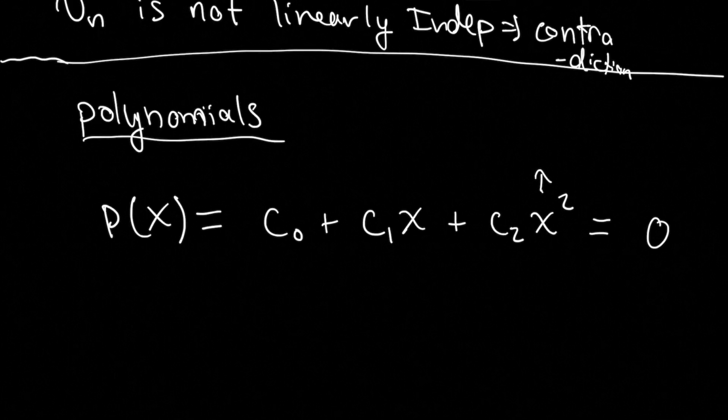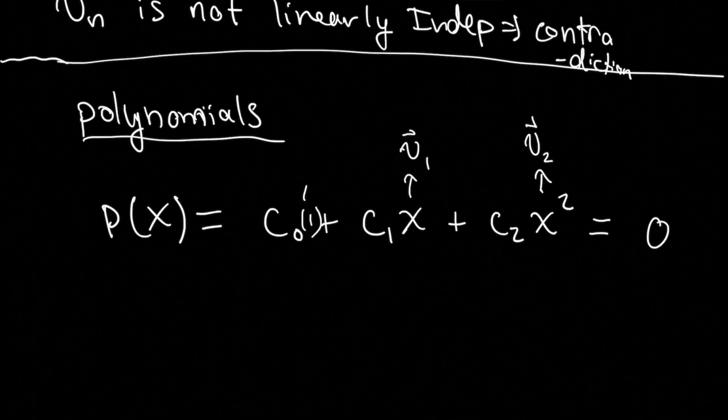Just to link it up with the other example, x squared here can be thought of as a vector v2. x can be thought of as a vector v1. And here there's a 1 hiding, which can be thought of as a vector v0. A small difference is that in the other example, I began the counting at 1, and here I'm beginning it at 0. But that is simply a syntactical difference, and the overall statements are still going to apply.